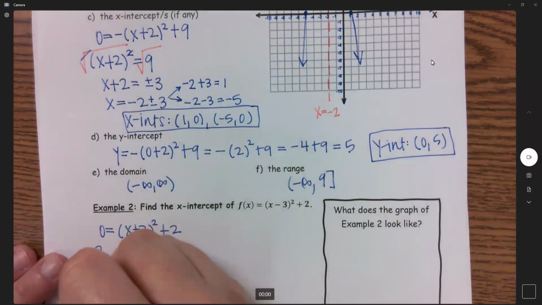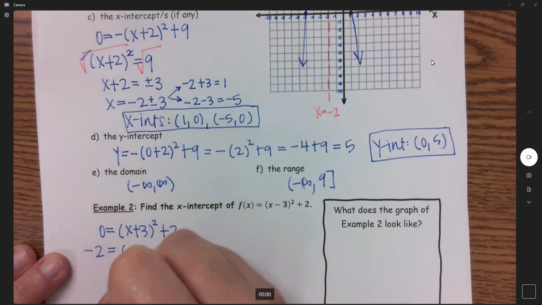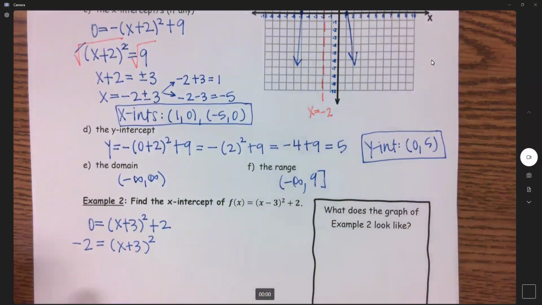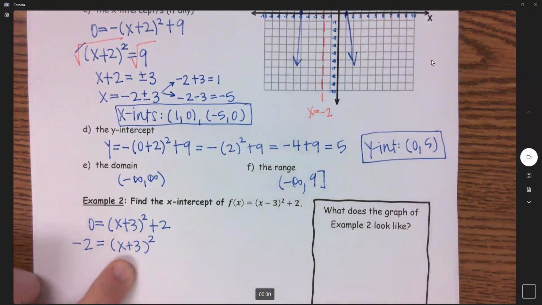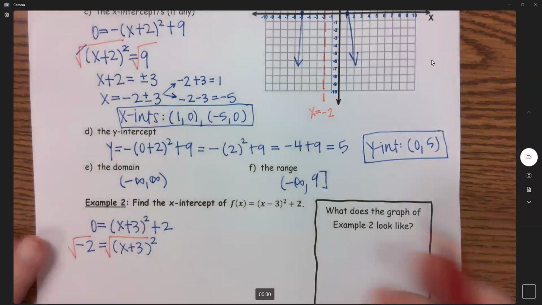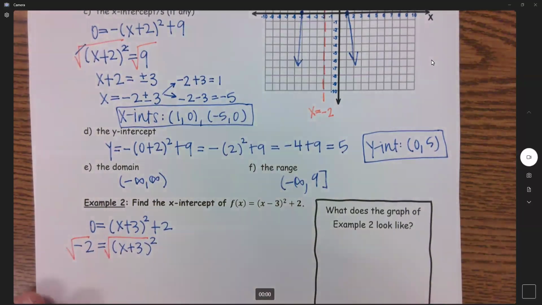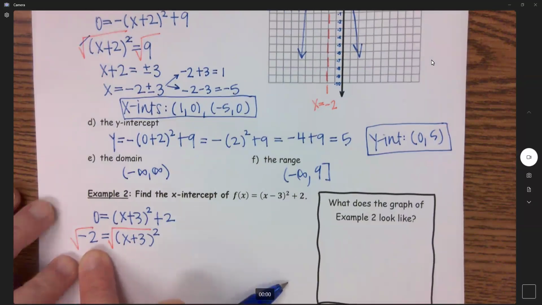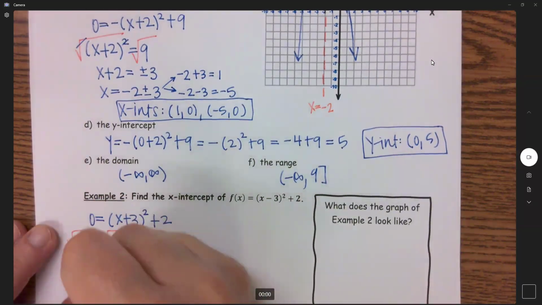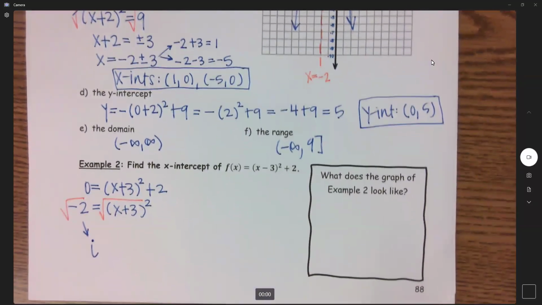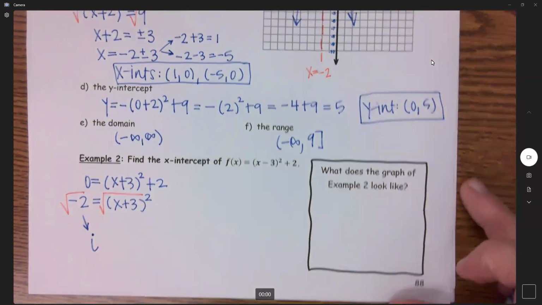So now I have negative 2 equals (x plus 3) quantity squared. Now that I have that squared component by itself, I'm going to take the square root of both of those. And right here, I get an imaginary answer since I have that negative under that radical.